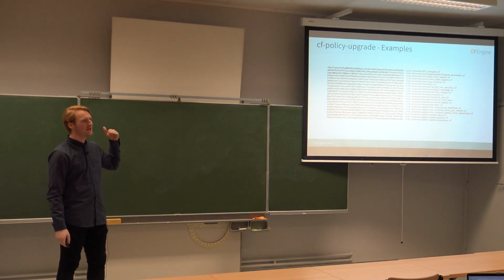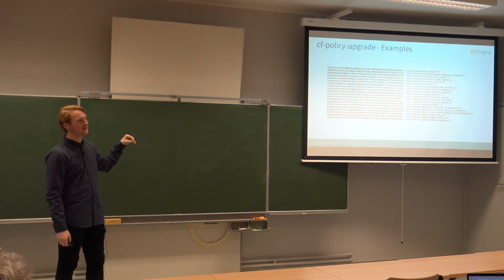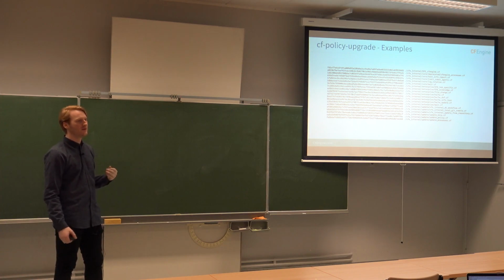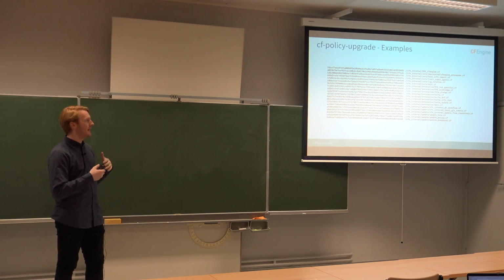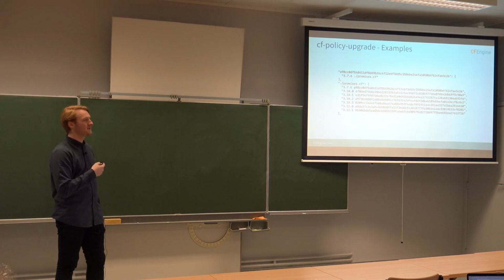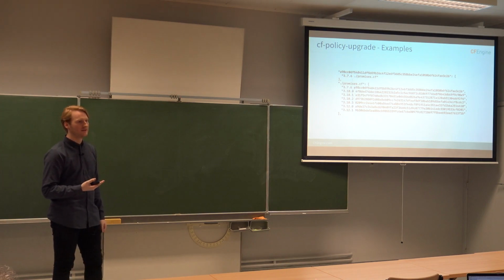We can run it through all of our versions of masterfiles and generate hashes for all of these different versions of our policy. Then when you have a database or a big JSON blob of all of this information, you can run it against your policy to see what you've changed. That's the basic idea.